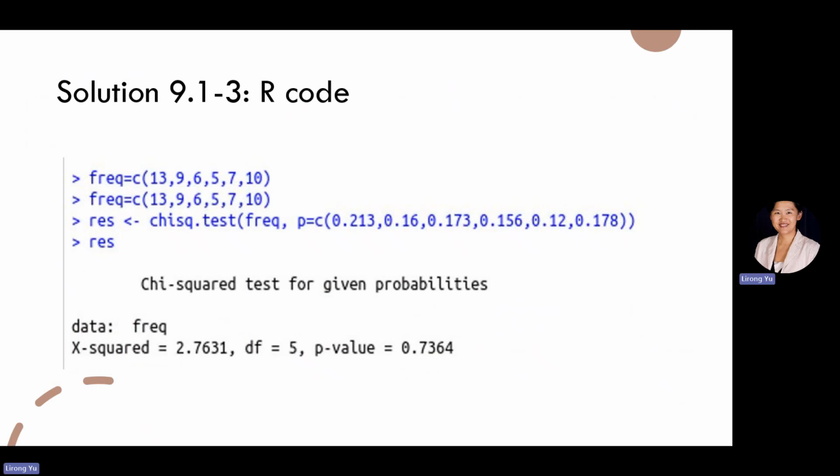And that was the test for goodness of fit example, where you have to present your frequency vector. You also have to provide your probability vector in order to tell if this data, presented by your frequency, fits this model, presented by the probability vector. Okay.